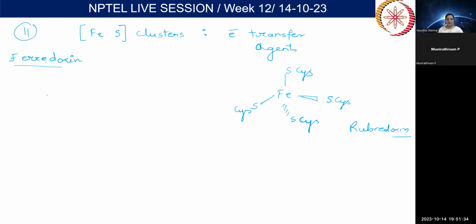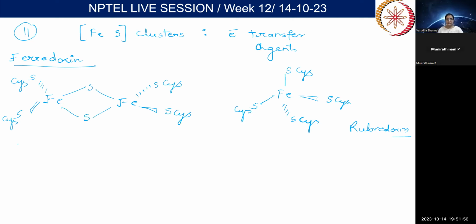In ferredoxin, we have two irons. That's why we are talking about mixed valence complexes. Here, both the irons are connected to this S16, and they are bridged by sulfide ligands.